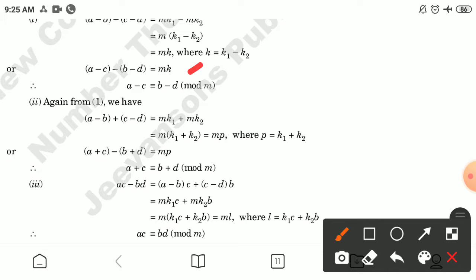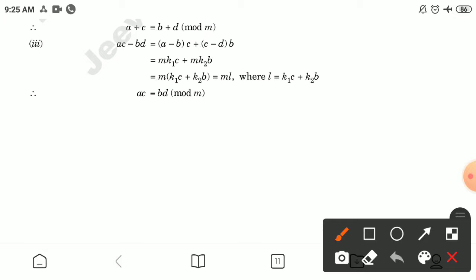Therefore, A minus C is congruent to B minus D mod M. Again from first, we have (A minus B) plus (C minus D) is equal to MK1 plus MK2, or equal to MP. P is here K1 plus K2. Sum of integers is again an integer. So (A plus C) minus (B plus D) is equal to MP. Therefore, A plus C is congruent to B plus D mod M.